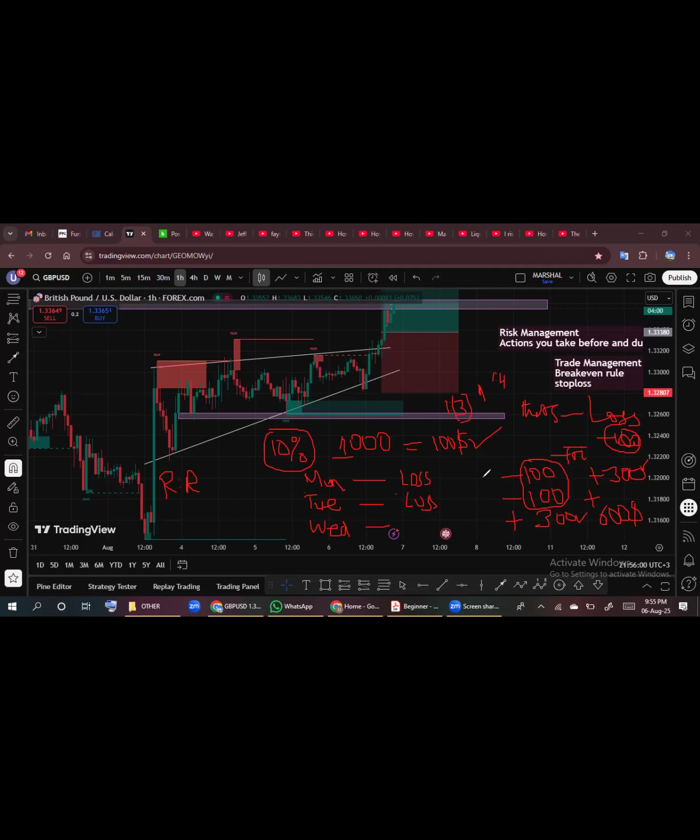So at the end of the day, if you keep your losses consistent and you are scaling your wins, you will be profitable. So it's not necessarily the amount of trades that you have lost for that week. If you take two good trades, it can cover up all your losses and still make you very profitable, actually. So do we understand risk to reward?